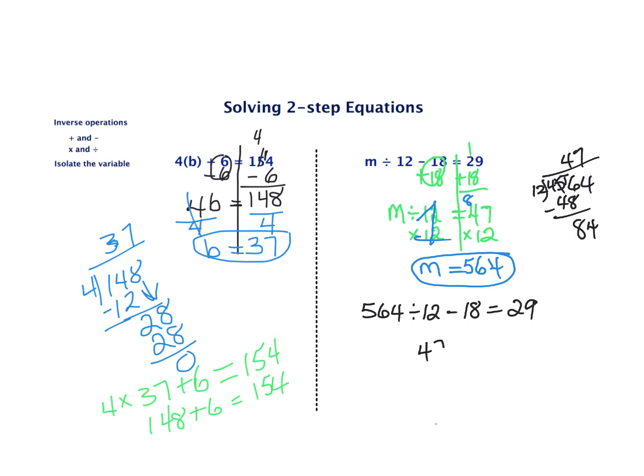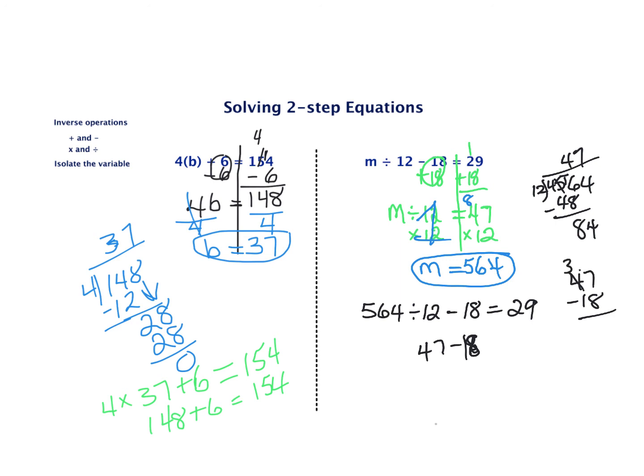So 47 minus 18. Let's subtract 18 from 47. That becomes a 3.